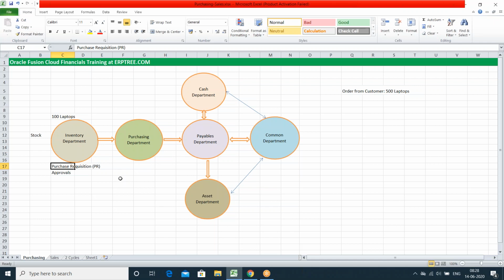Whenever the purchasing department gets this approved requisition information from the inventory department, based on it they'll start the process called requesting for quotations. The purchasing department will raise the RFQ, request for quotation.